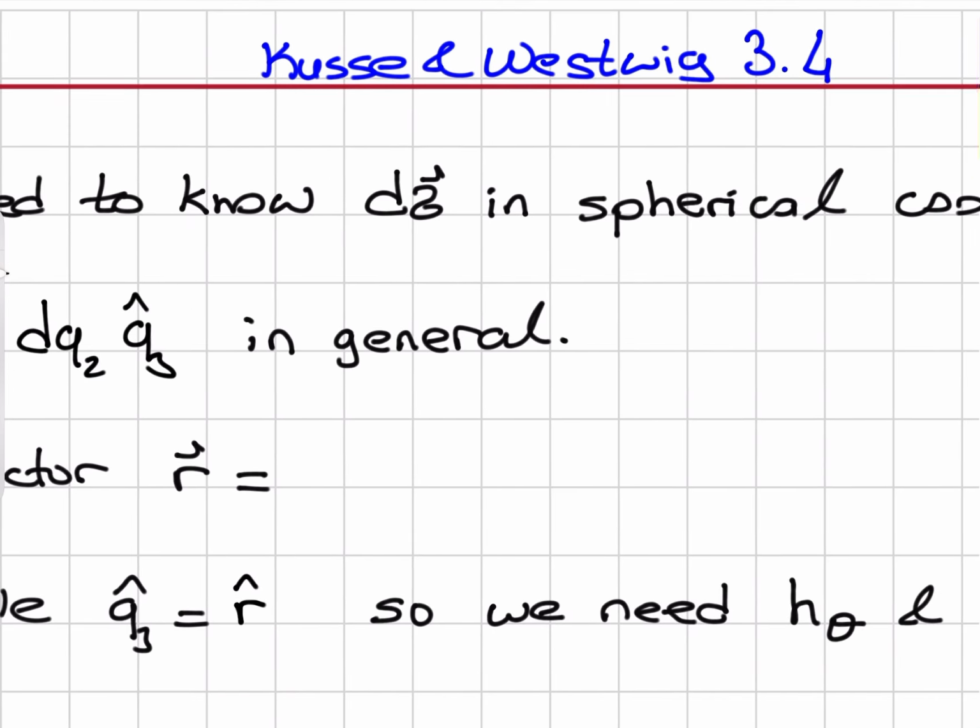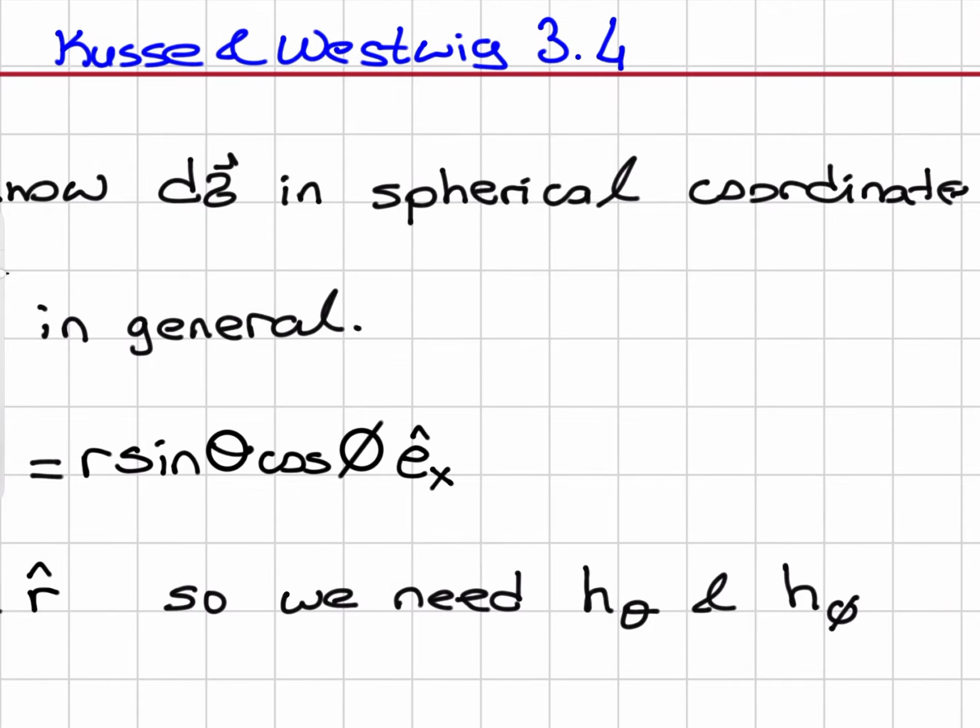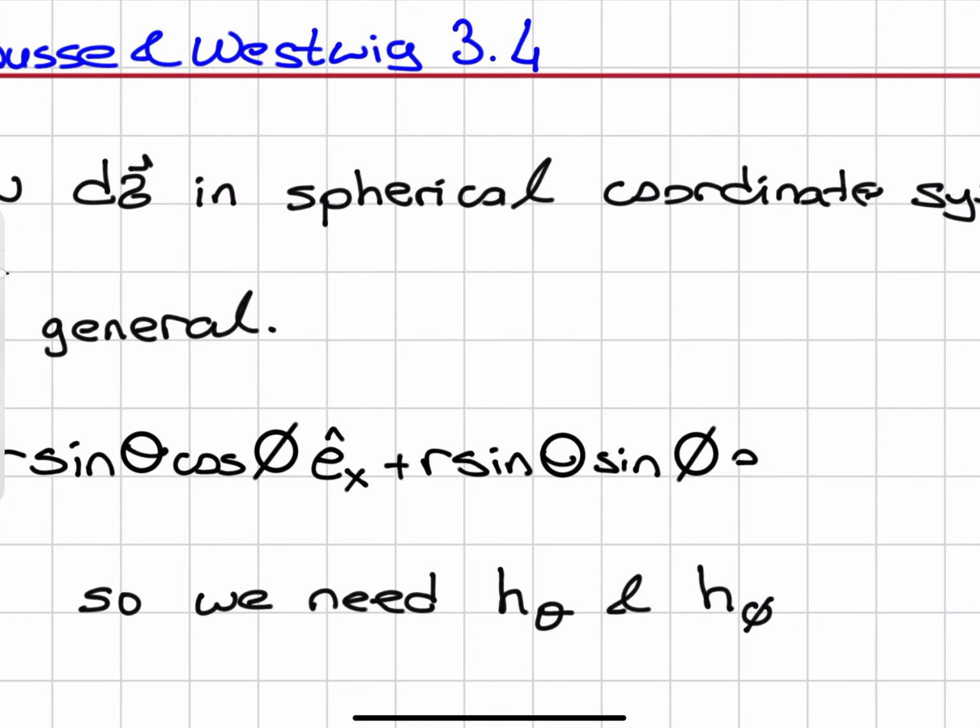Now we can write a position vector r using our spherical coordinates: r sine theta, sine of the polar angle, cosine of the azimuthal angle, cosine phi, r sine theta cosine phi. This is the projection onto the x-axis in the e_x hat direction. Then we have plus r sine theta sine phi, which projects onto the y-axis in the e_y hat direction.